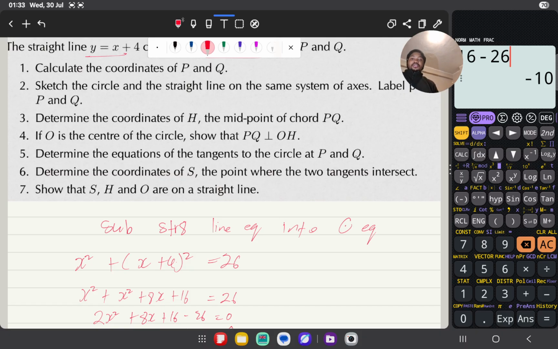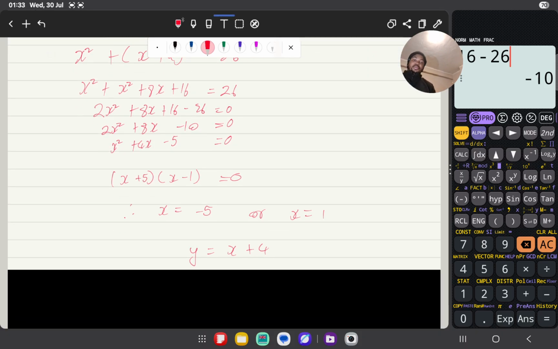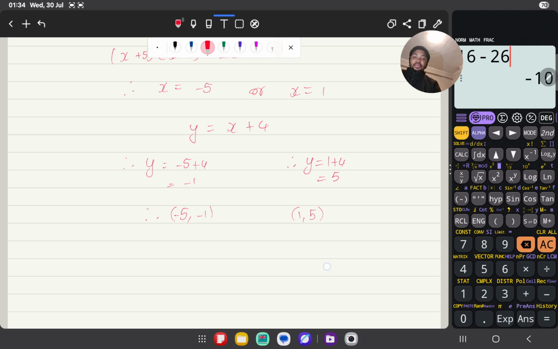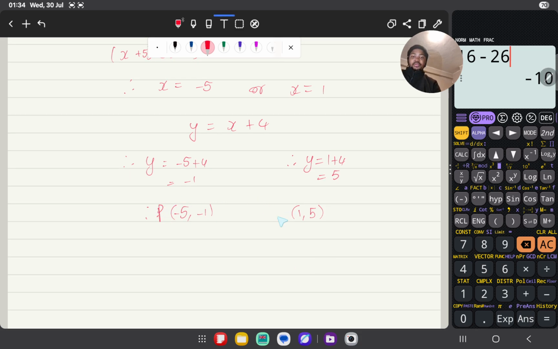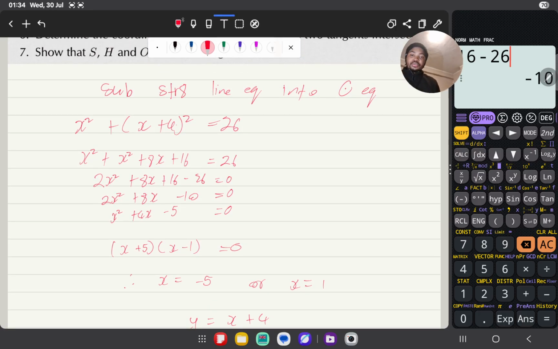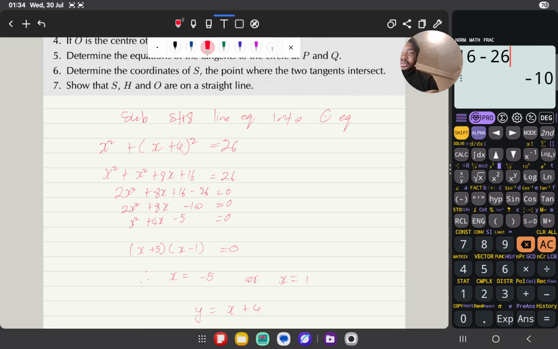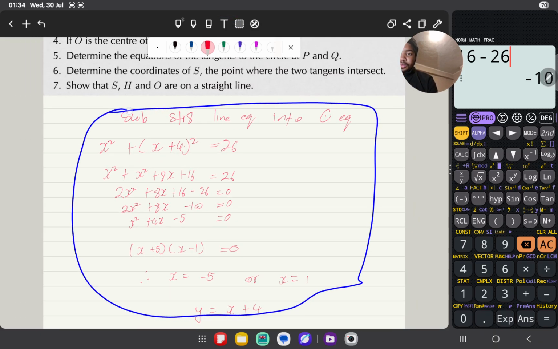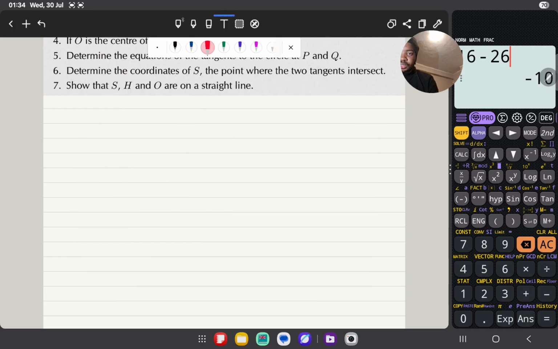Alright, cool. So I'm going to call this P, and I'm going to call this Q. So we have to draw our circle.